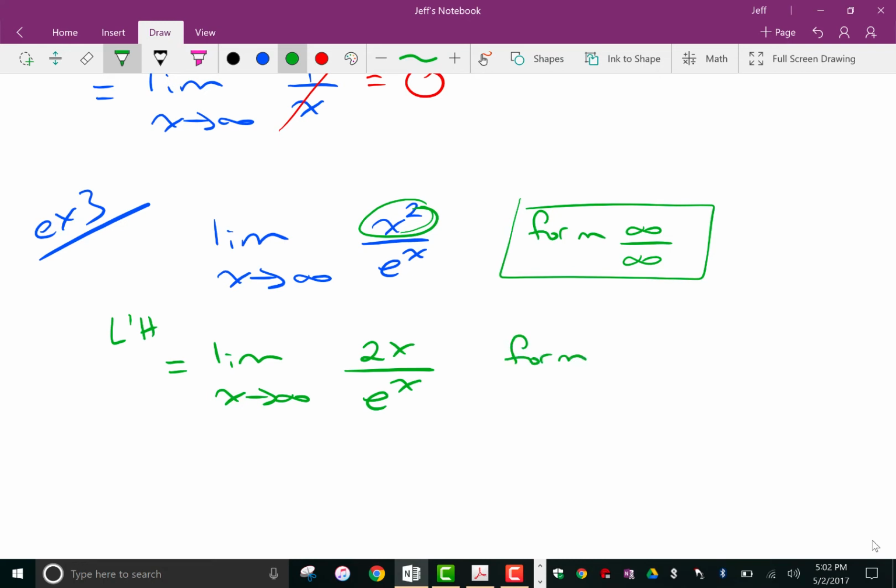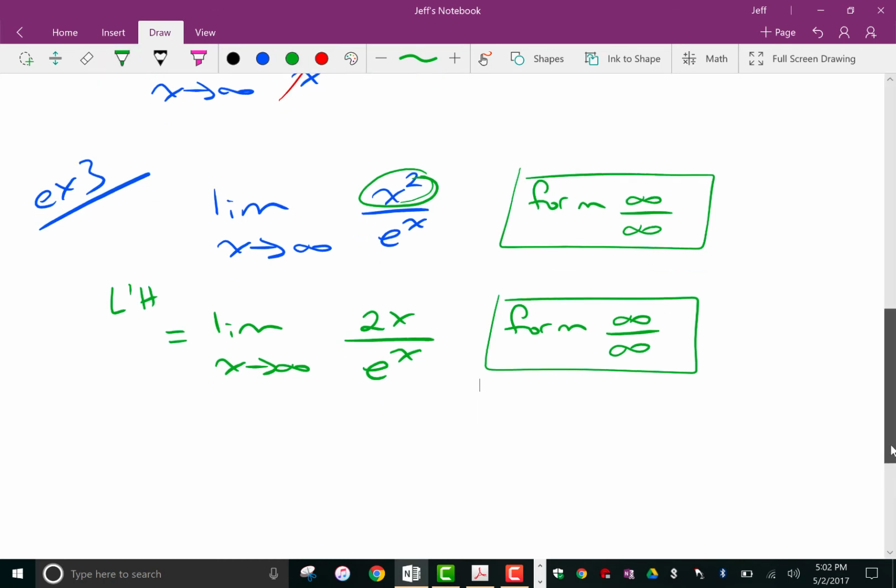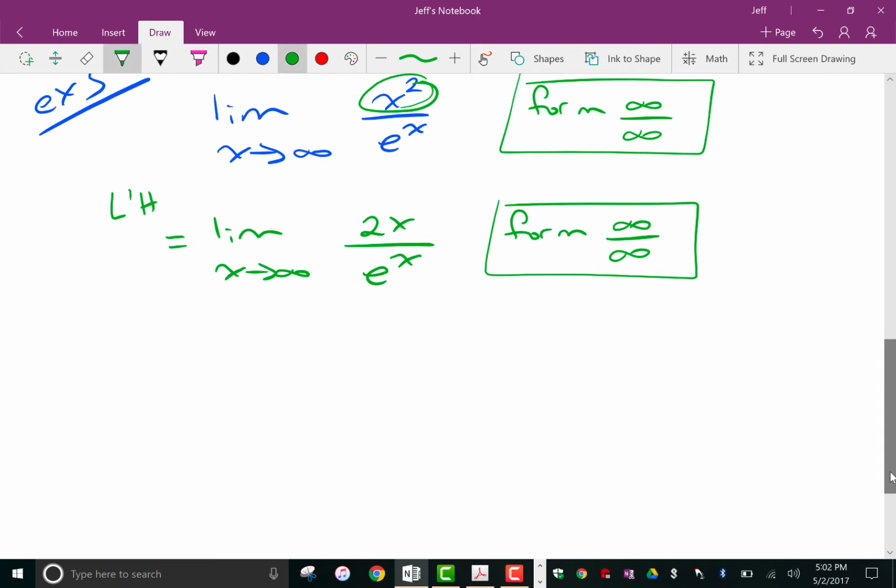As x approaches infinity, the numerator, 2x, is approaching infinity, and the denominator, e to the x, is approaching infinity. So I use L'Hopital's rule, and I still have the form infinity divided by infinity. Well, since I have the form infinity divided by infinity, I can use L'Hopital's rule again. So I'll go with L'Hopital's rule again.